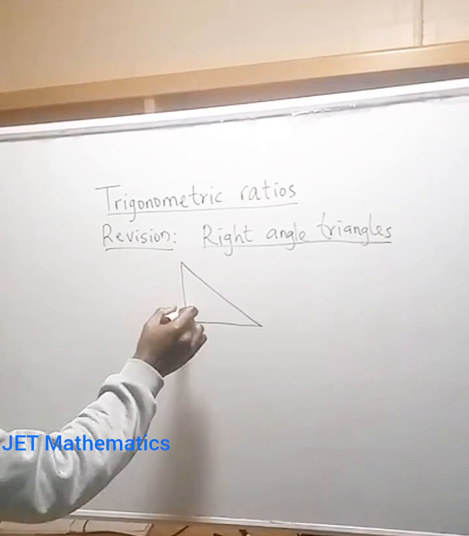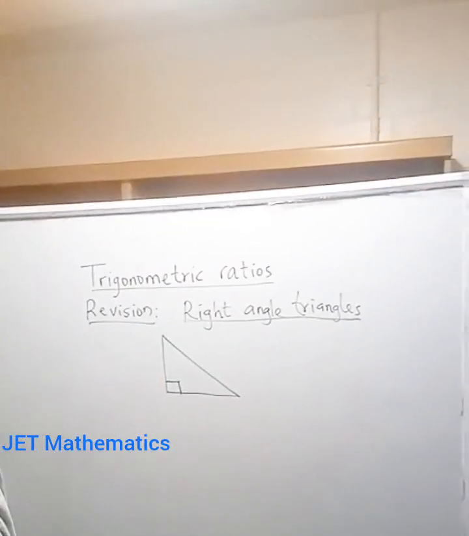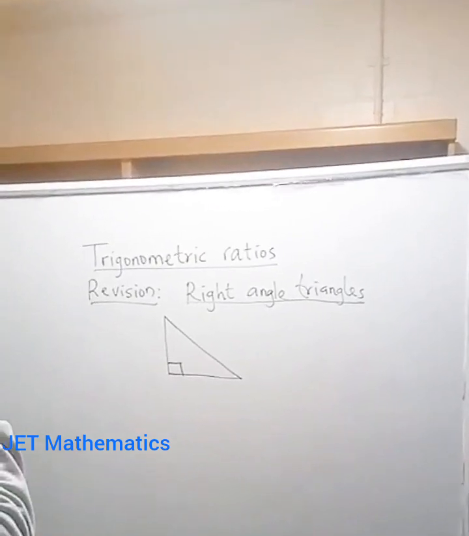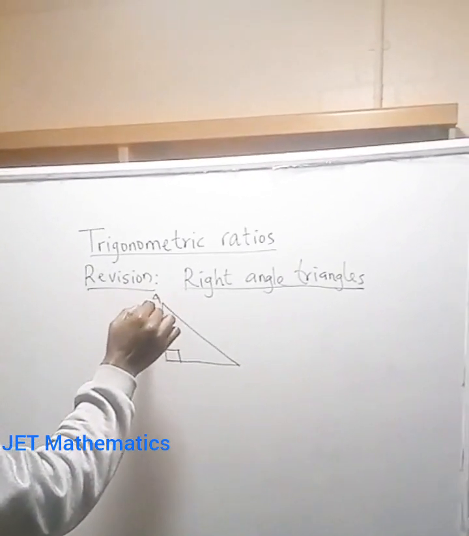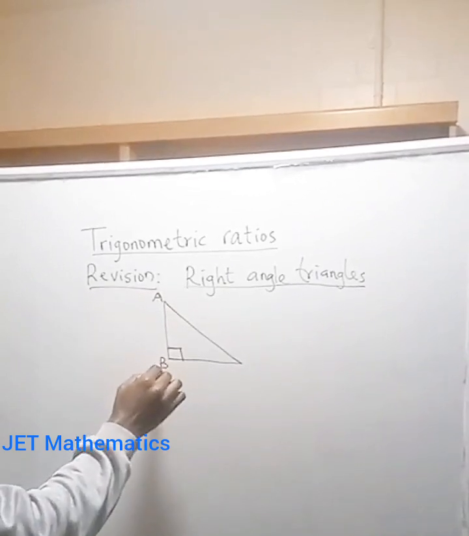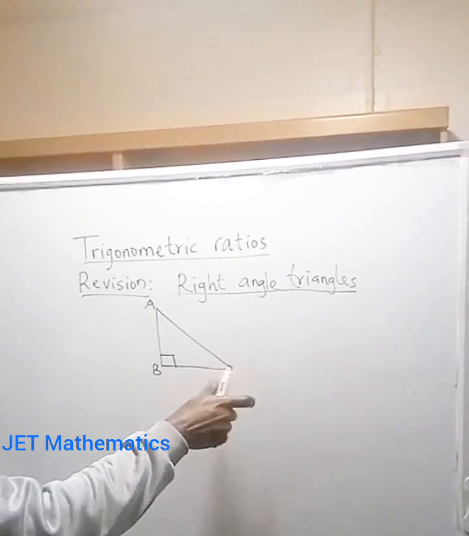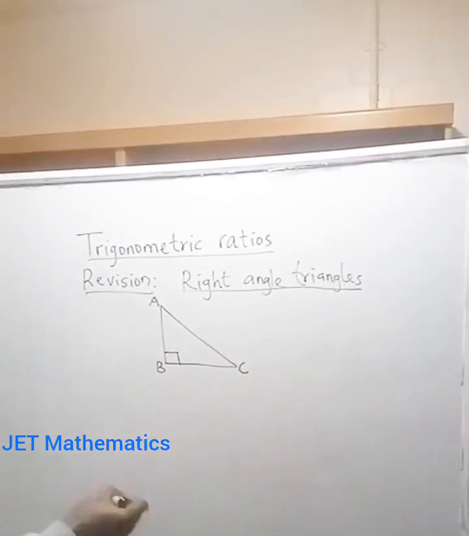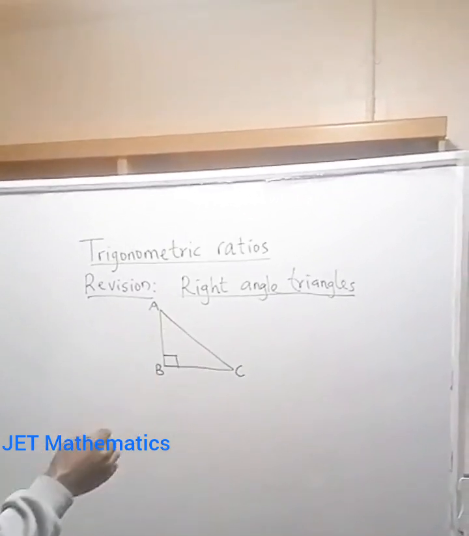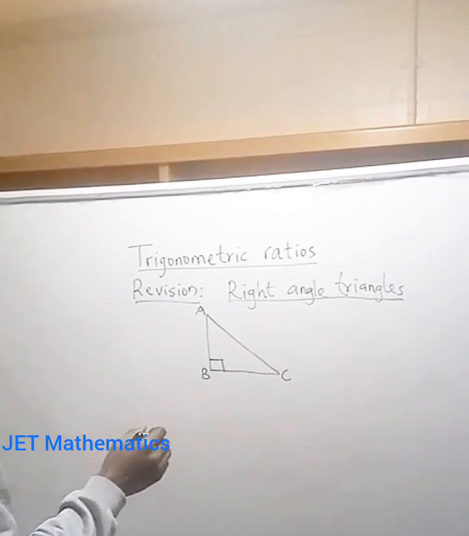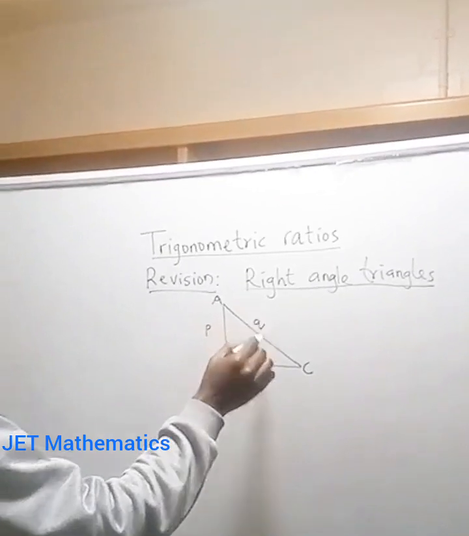So this is a right angle triangle, and here we have, let's label it A, B, C. So let's look at the sides of the triangle. Let's call here P, Q, and R.